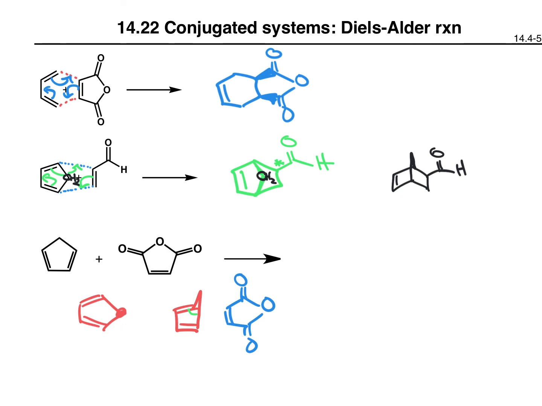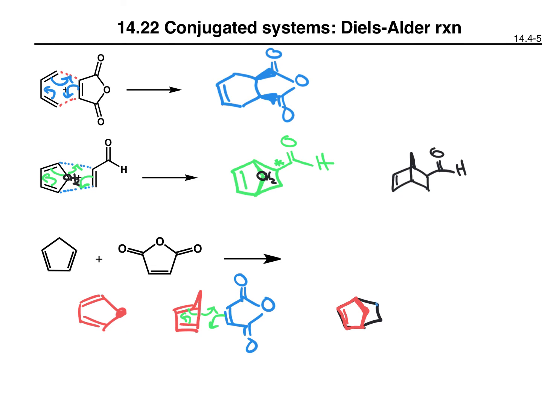So now I can imagine these electrons move here, these electrons move here, and these electrons move here. So that gives me this six-membered ring. But actually, this was from our diene. We have a double bond here, and then this is our CH2 group that's folded up out of the way.